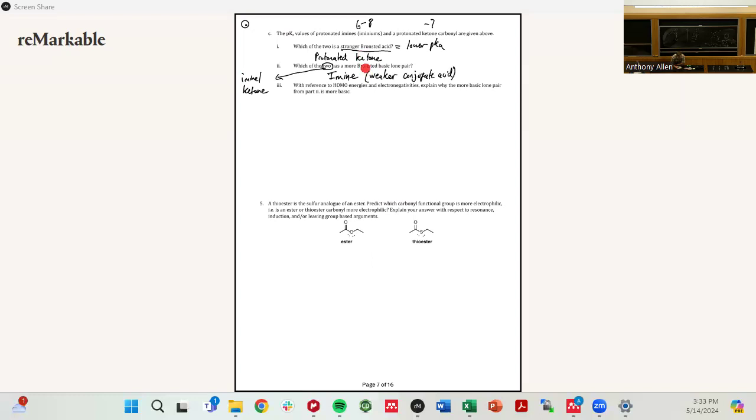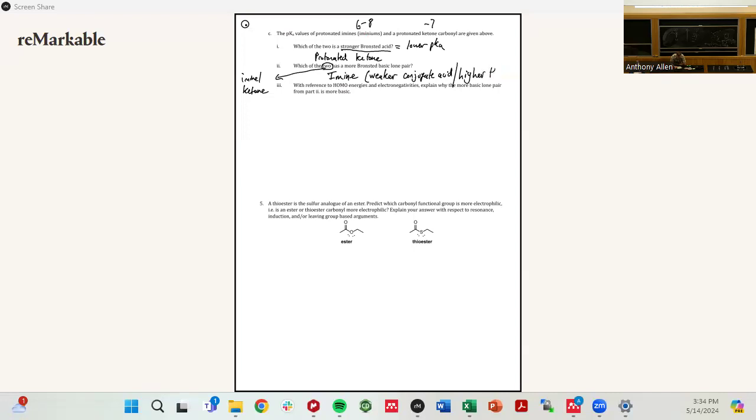Right, so its conjugate acid, the aminium, is a weaker acid. And so as the base, it has to be stronger. You could also think about weaker conjugate acid, slash higher pKa, yeah, I'm sorry, but in terms of the orbitals we just talked about.